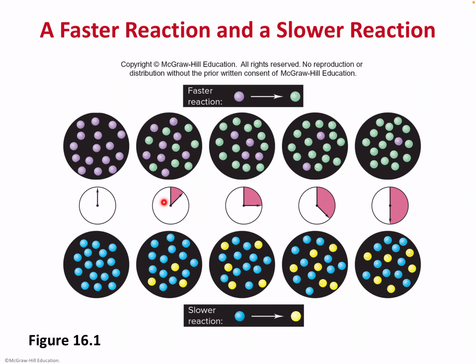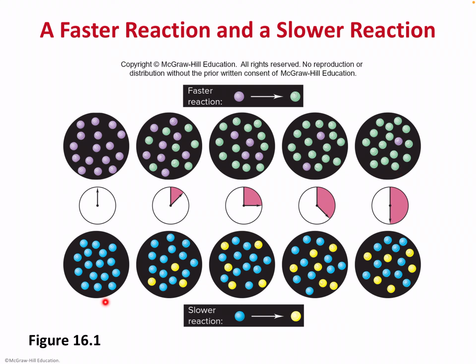As the time progresses, what's happening? The reactants are becoming products, green, and with time, most of the reactants, which are the purple circles, have become green. Only one of the reactant species is left. So we can say during this time period, it is a faster reaction. The reaction has proceeded very fast.